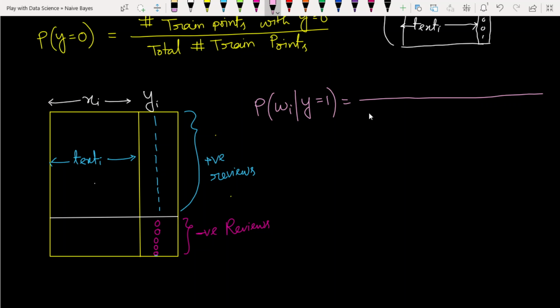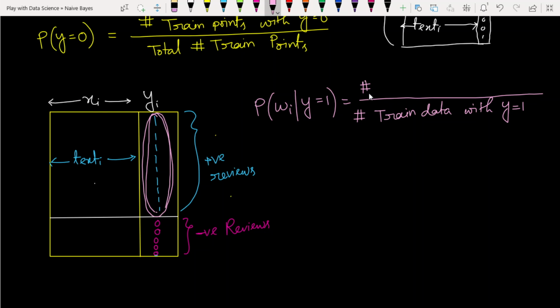So first we have to find the number of training data points with class label only 1. We are interested only in this number of points, nothing else.